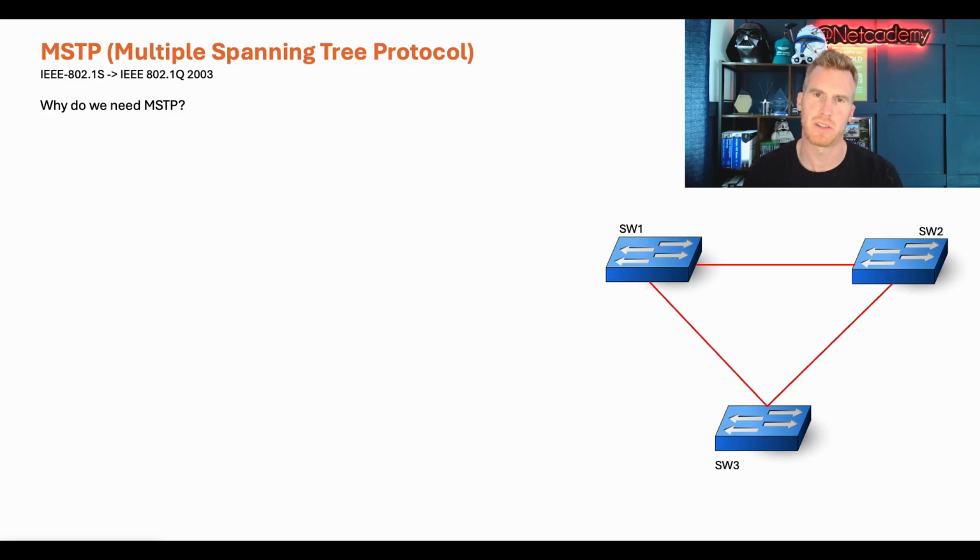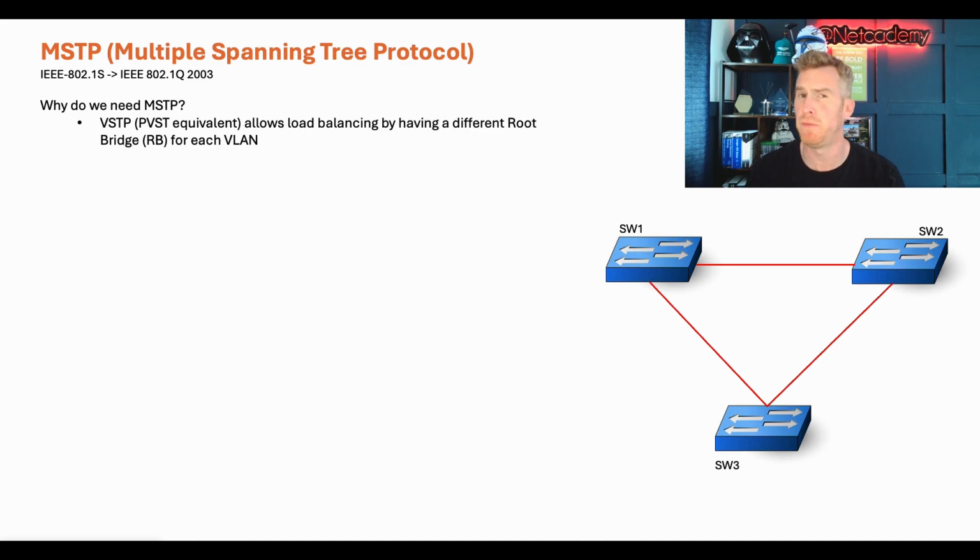Okay, so let's start with this basic question. Why do we need MSTP? We know it stands for Multiple Spanning Tree Protocol, but why do we actually need it in the first place? Well, when you compare it to VSTP, which is the equivalent, as I said, to Cisco's PVST or PVST plus, and it stands for VLAN Spanning Tree Protocol, this similarity between VSTP and MSTP is that they are both VLAN aware, just like PVST and PVST plus.